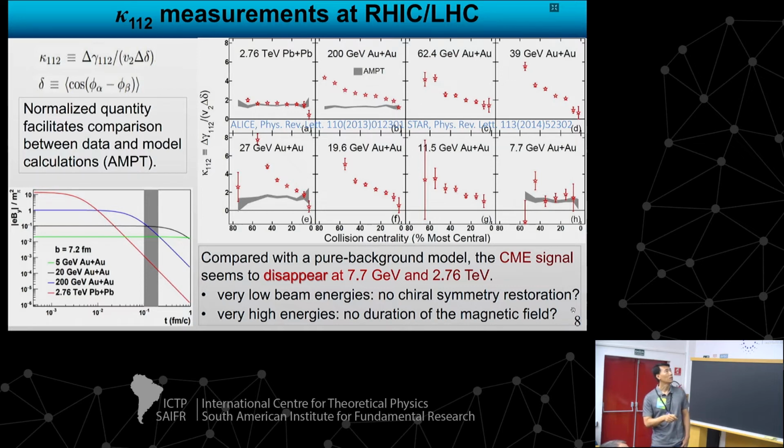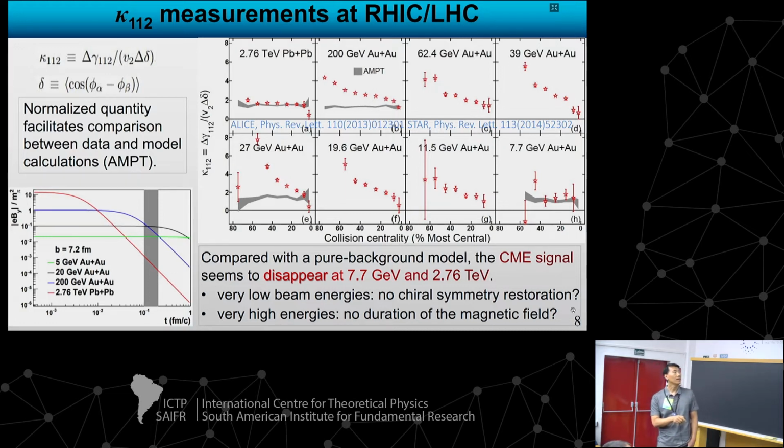This figure shows you eight panels of the measurement in comparison with the AMPT model. AMPT is a pure background model, so you can consider it a background estimation for this kappa. What we observe is that at the highest energy, like 2.7 TeV, the observable and the background are consistent with each other, meaning we are not supposed to see an effect there.